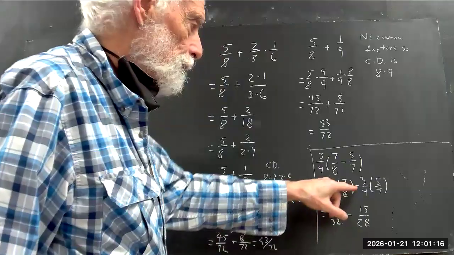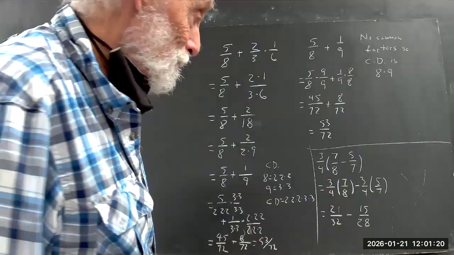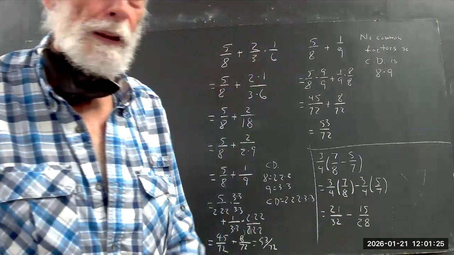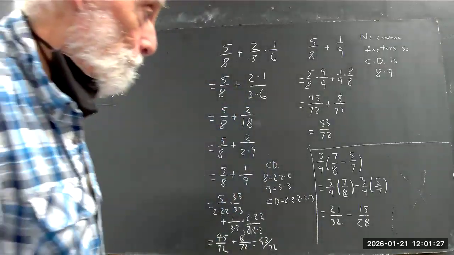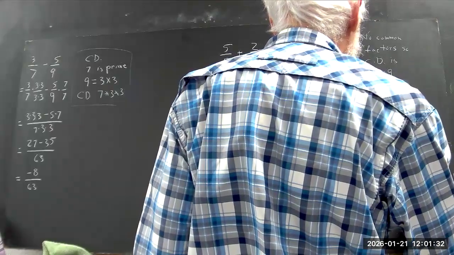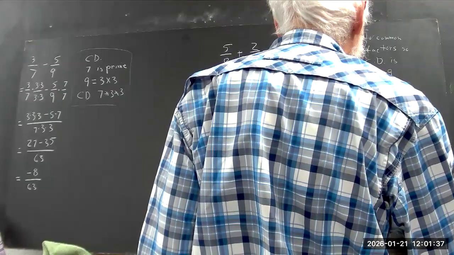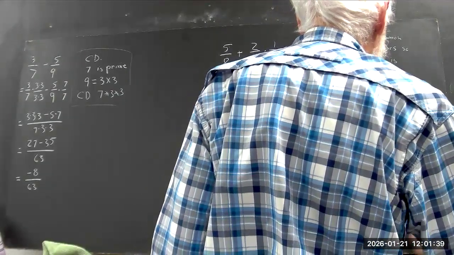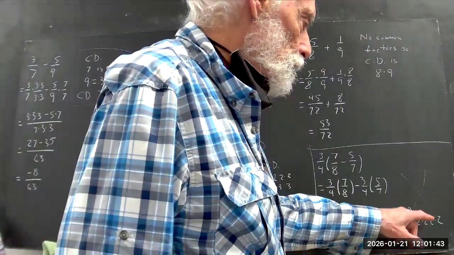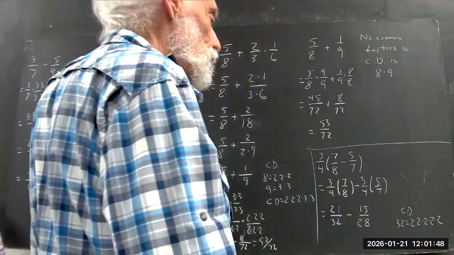And of course, that's minus because it's minus up here. Now we've got denominators of 32 and 28. Okay. So I'm going to go over here and do the common denominator. 32 is 2 to the 5th power: 2 times 2 times 2 times 2 times 2, or 2 to the 5th.